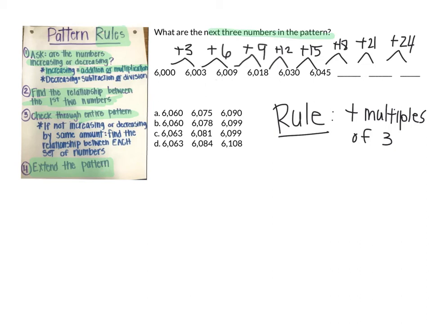So first we're going to add our next multiple, 18, to the last number in our pattern. So we've got 6,045 plus 18.